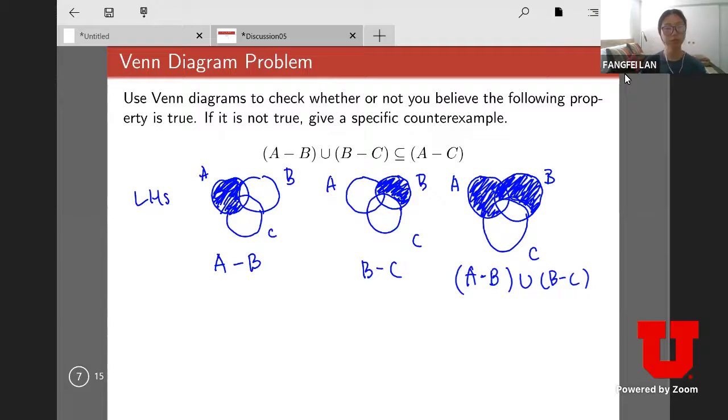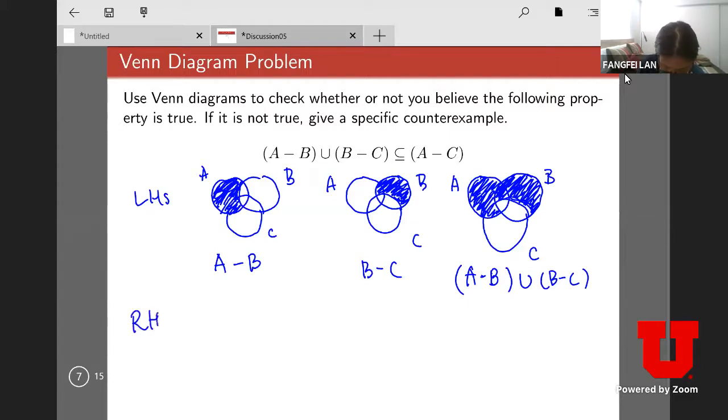Any questions so far with the left-hand side? Now I wish I was better at drawing really nice circles, but anyway.